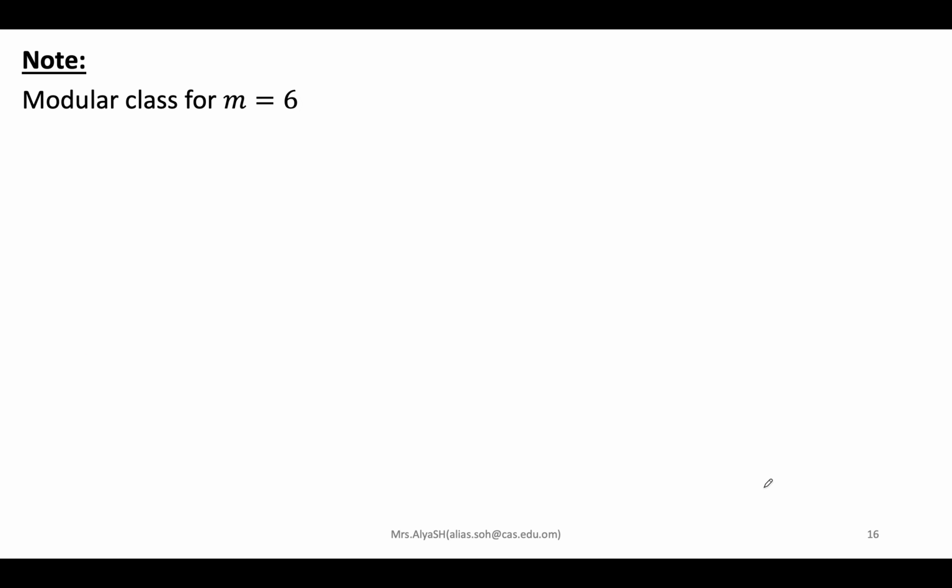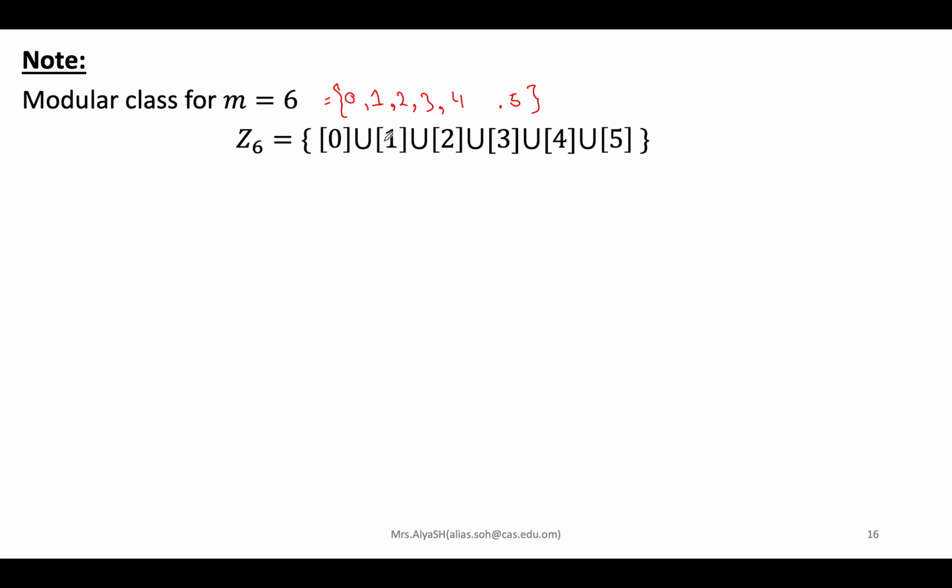Okay, here is the idea of modular class. So the modular class for m equals 6. The possible remainders I can get from 6 start from 0 until 6 minus 1, which is 5. So the possible remainder is either 0, 1, 2, 3, 4, or 5, and we can write it as the modular class 6 equals 0, 1, 2, 3, 4, 5.